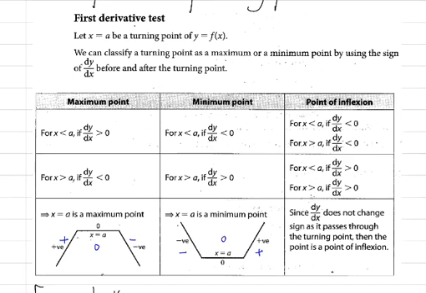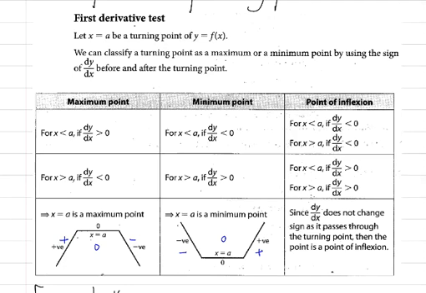So again, for a turning point to be a maximum turning point, the sign of the gradient before and after the turning point is positive and then negative. For it to be a minimum turning point, the sign of the gradient before is negative, and the sign after is positive.